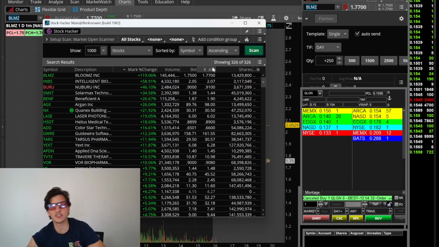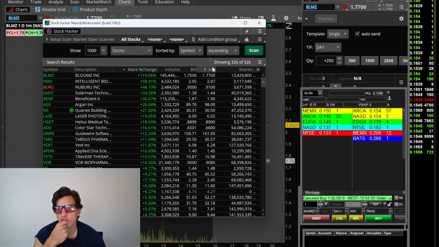So that's shares outstanding, and that doesn't exclude the insider ownership and institutional ownership. So that's very important because this is not float. Float is different.